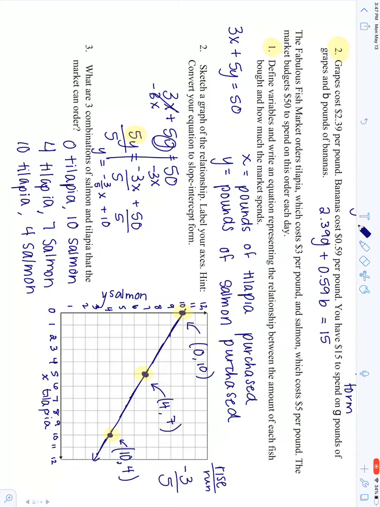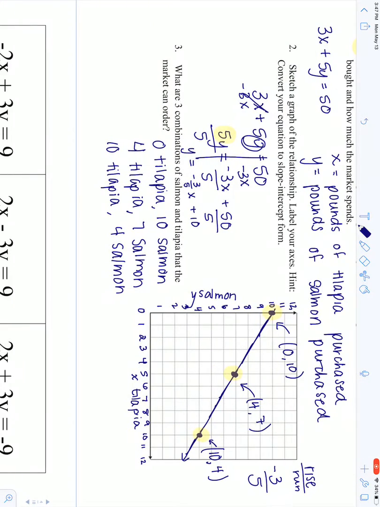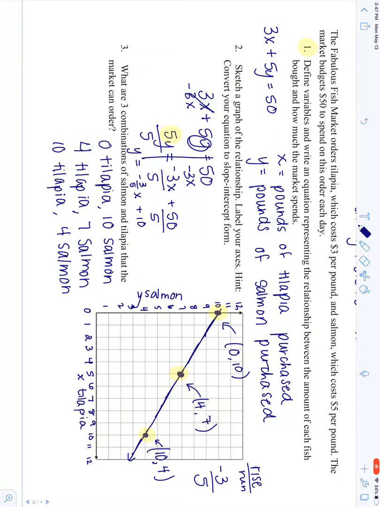Okay, so each point on the graph is super, super important for us to work with. And converting into y equals or slope-intercept form is so important because we wouldn't be able to figure out those coordinates without doing so. So we just figured out 3 combinations that the Fabulous Fish Market can buy just by converting into y equals -3/5 x plus 10.